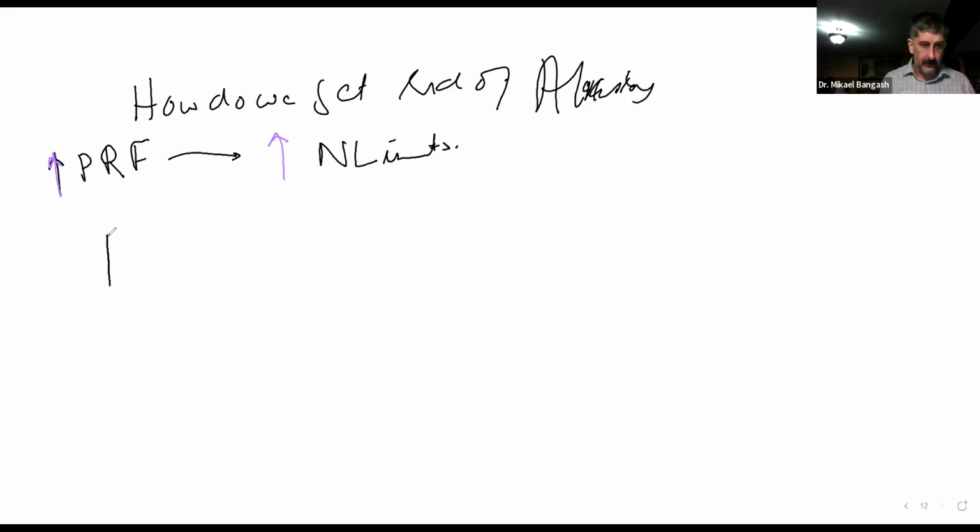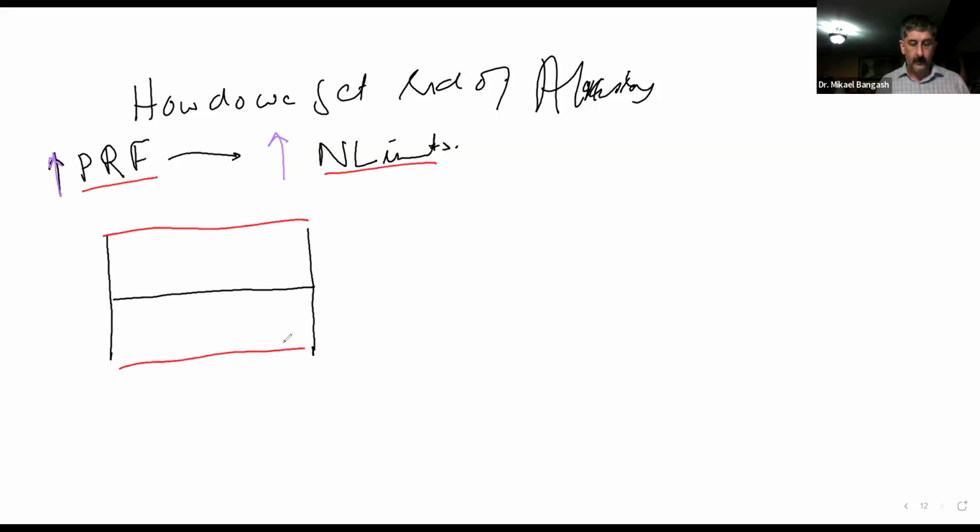So let us just say this is what we had as our scale, a spectrum. To begin with, the Nyquist limit, which will be the maximum velocity, we said was, let's say, 50, and minus 50.